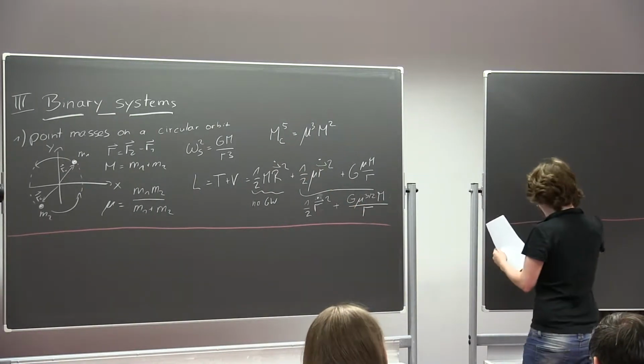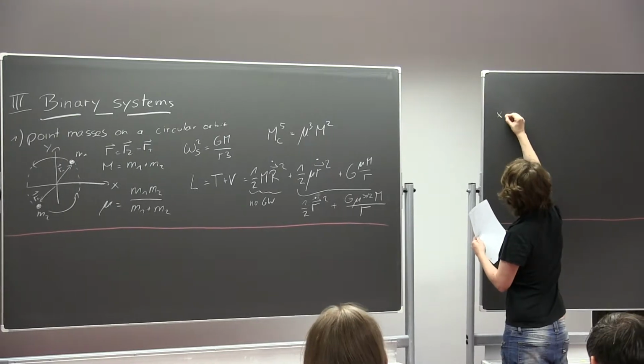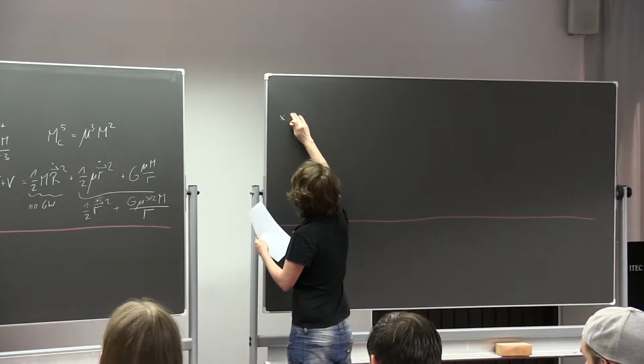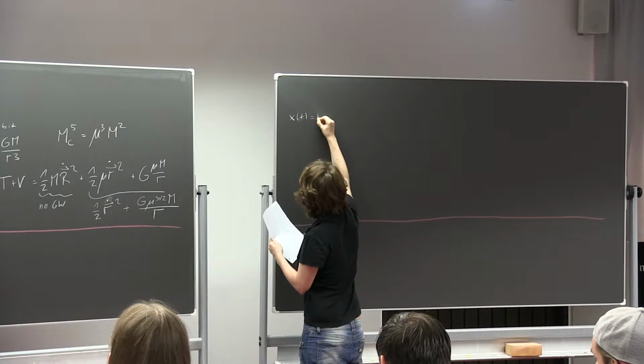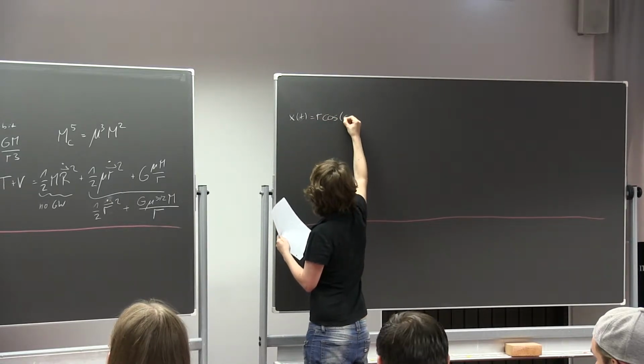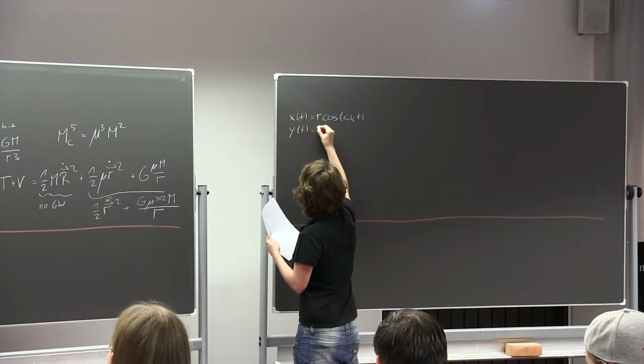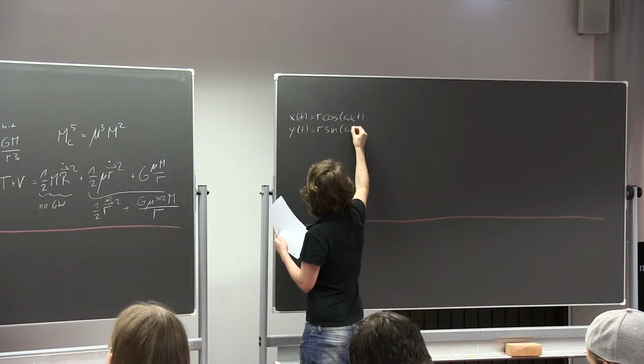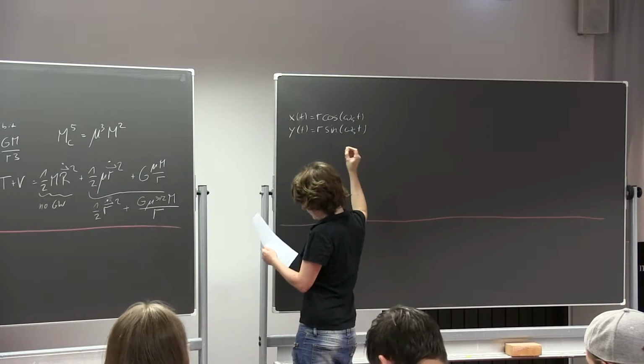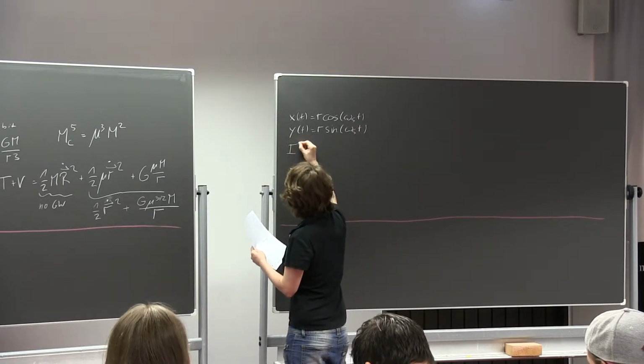So x of t is r cosine omega t, and y of t is r sine omega t.